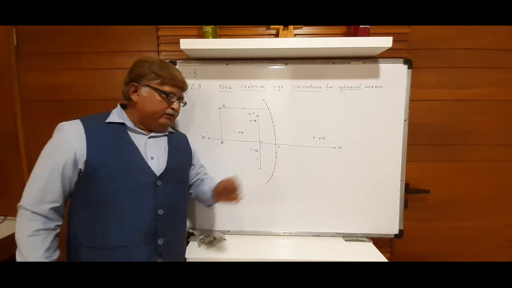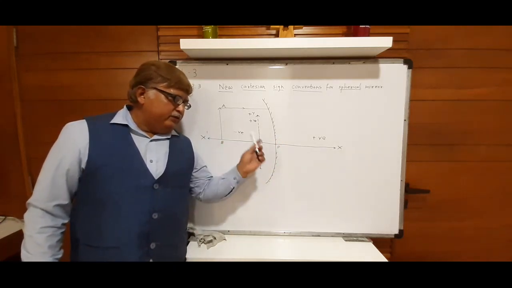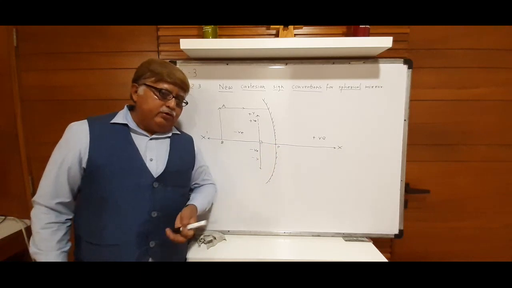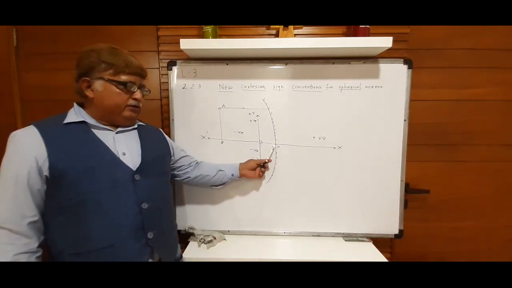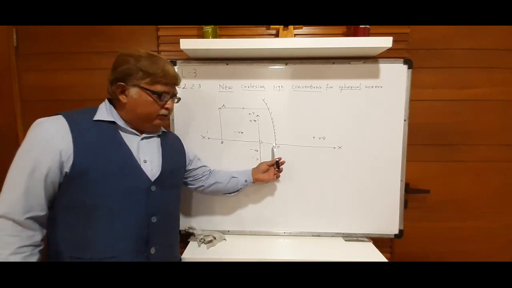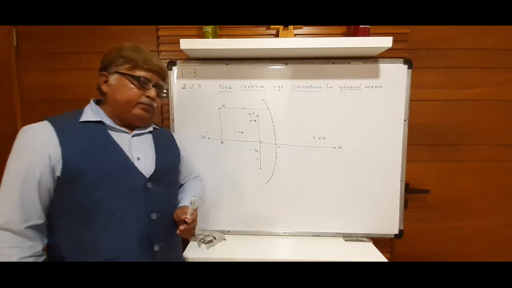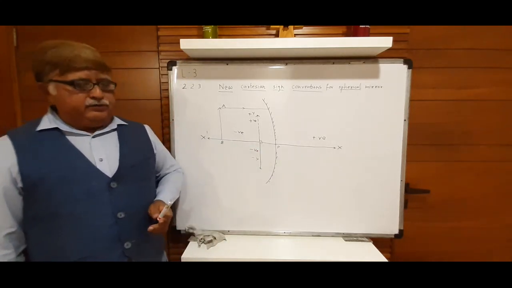Principal axis passing through the pole is known as coordinate x dash axis, and P, obviously pole, becomes the origin. All distances measured from pole, means origin, to the right side are taken as positive, and to the left side are taken as negative.